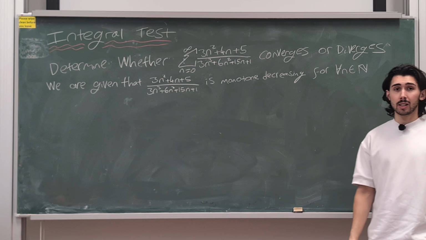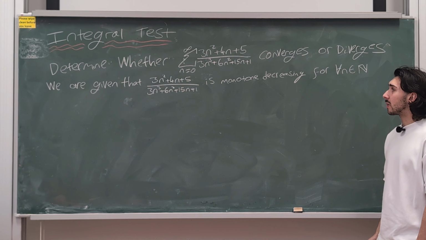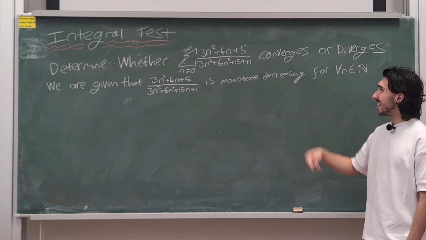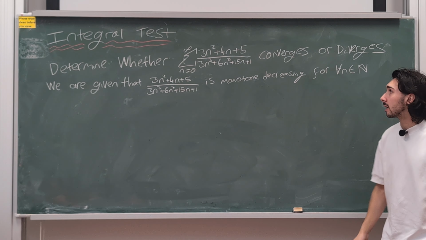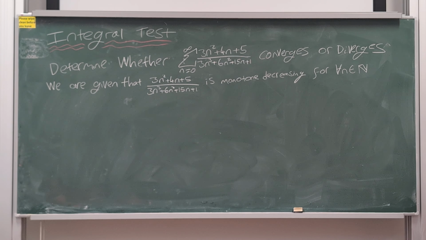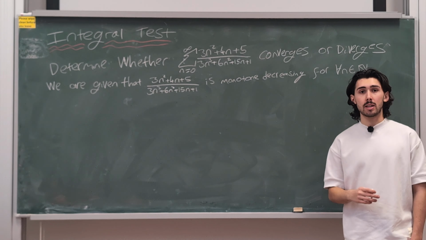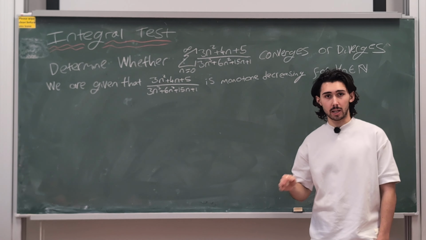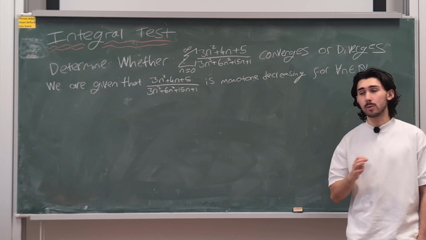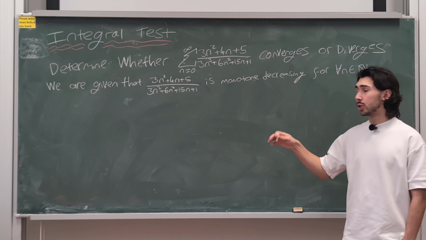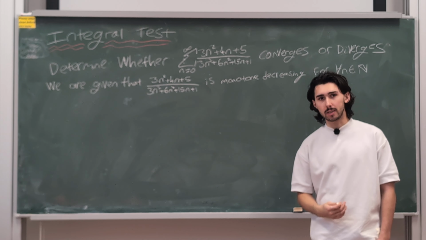And also, to save us a little bit of time, I've said that we are given that the function is monotone decreasing for all values of n in the natural numbers. So basically, the series is decreasing. Every time that you increase n, the resulting fraction is smaller every single time.